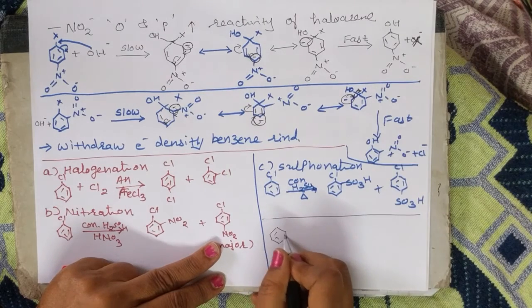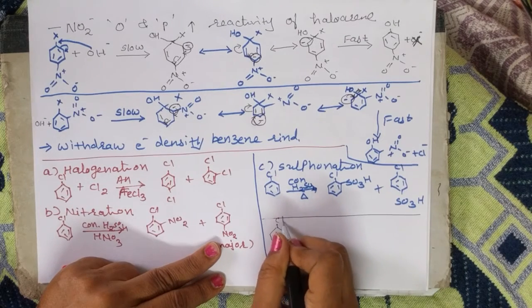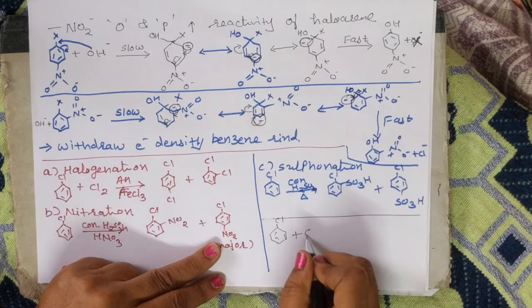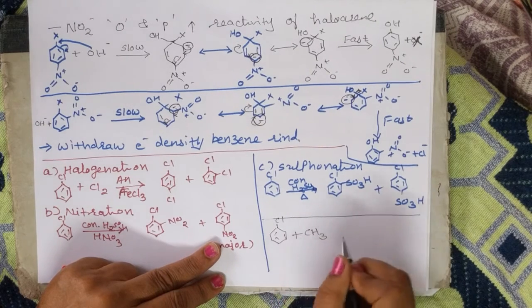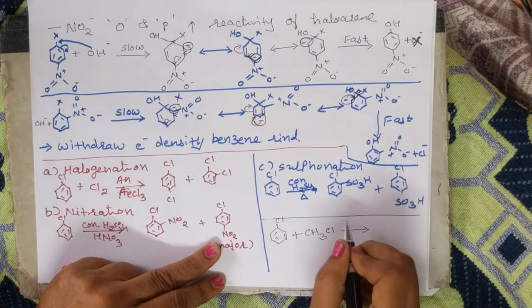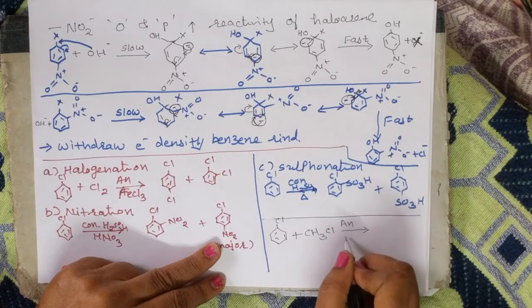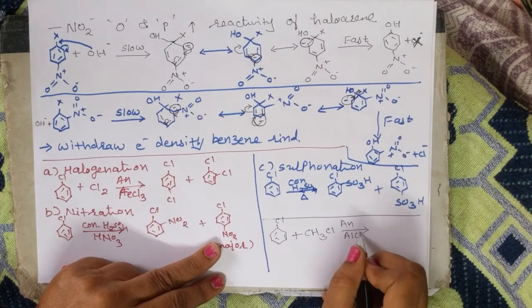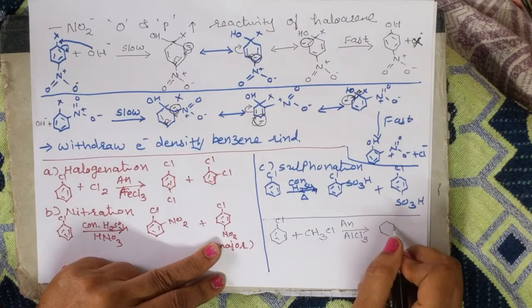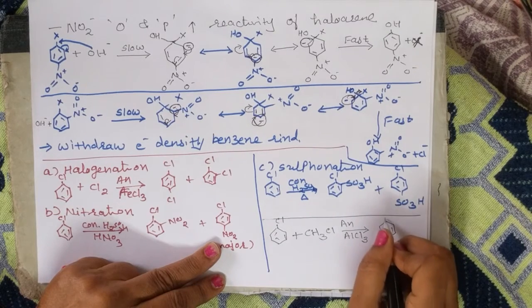So here we'll take chlorobenzene. When we do the Friedel-Crafts alkylation, we do this reaction in the presence of methyl chloride and anhydrous AlCl3.